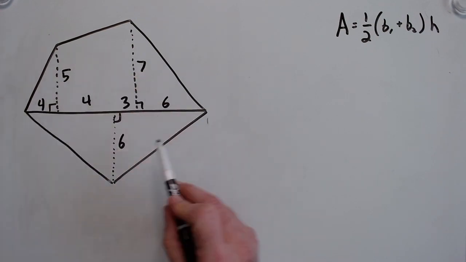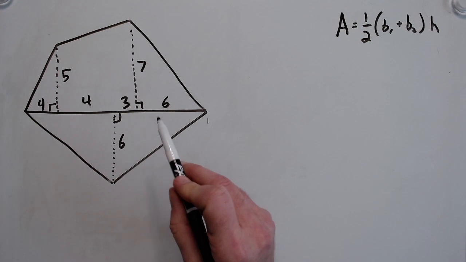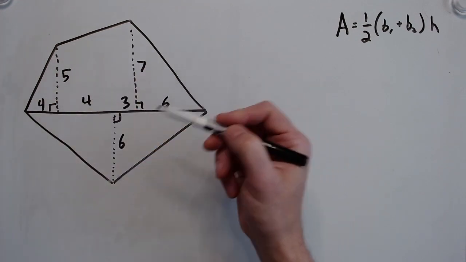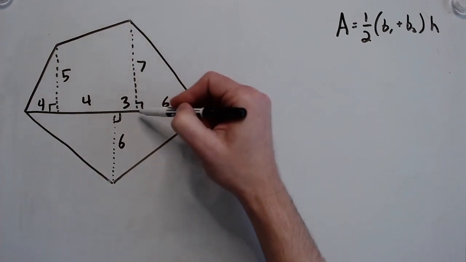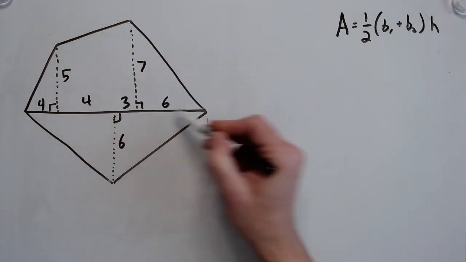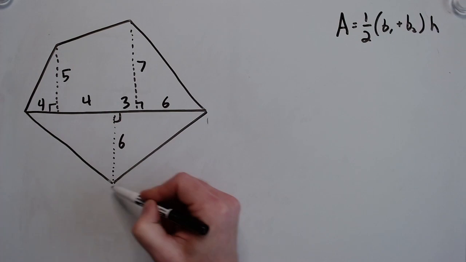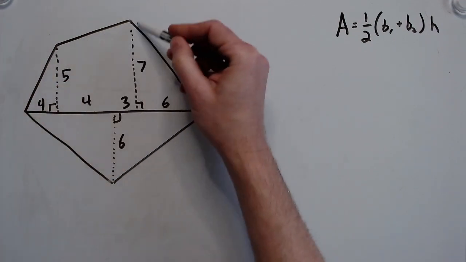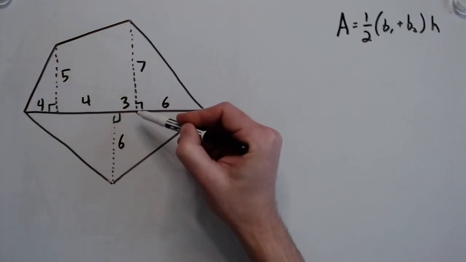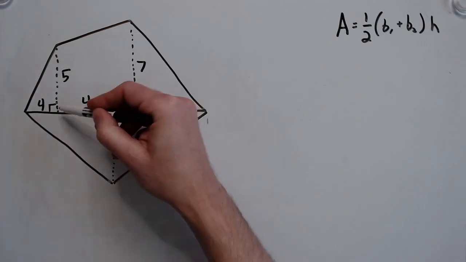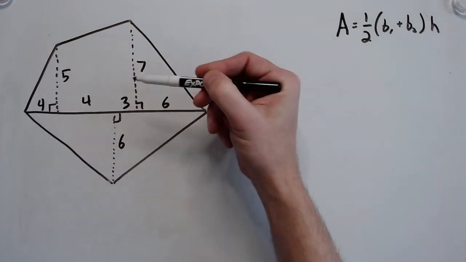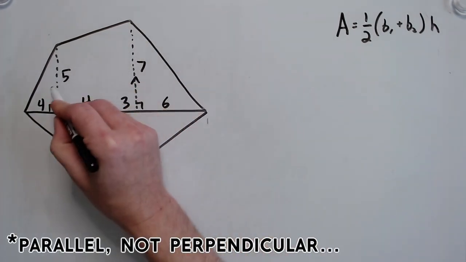Well, part of the trick here is that we're trying to find the area of this whole object, but we can cut it up into pieces. So what I see here is we've got a triangle here, we've got a triangle here, and here, and a triangle here. So what we're left with is this weird shape in the middle. But the tricky part is that this line, this height, and this height are perpendicular to each other, right?